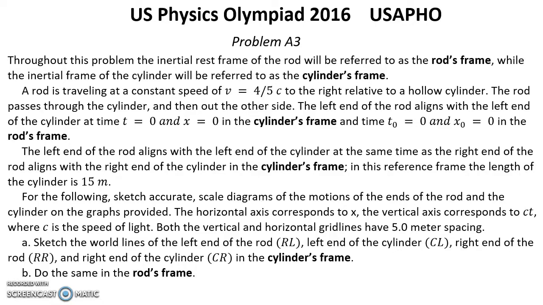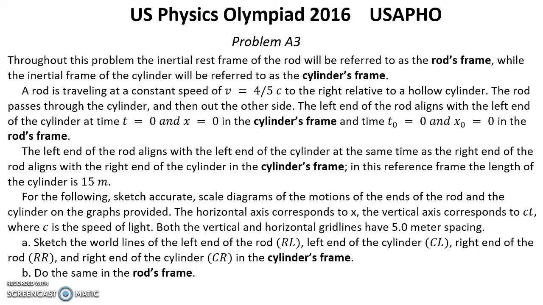Question A. Sketch the world lines of the left end of the rod RL and the left end of the cylinder CL, the right end of the rod RR and the right end of the cylinder CR in the cylinder's frame.